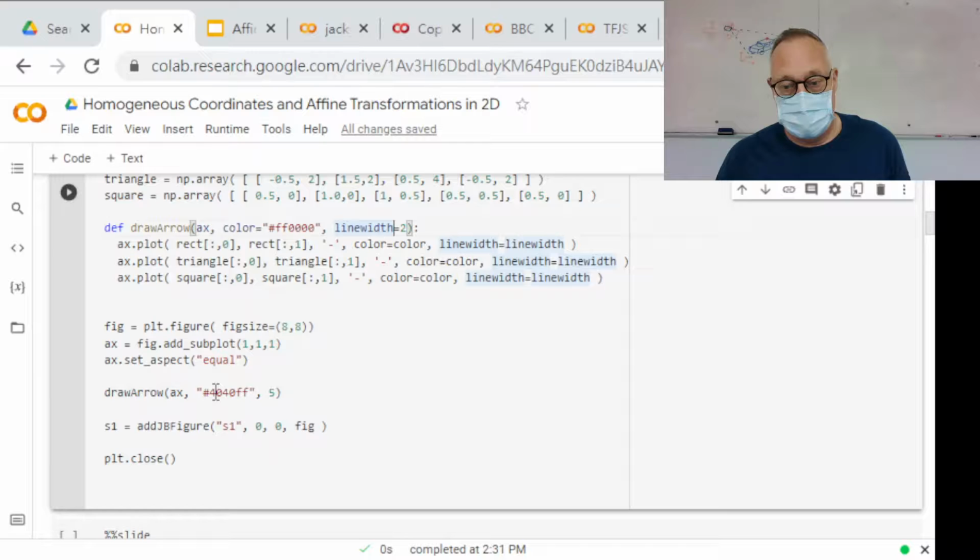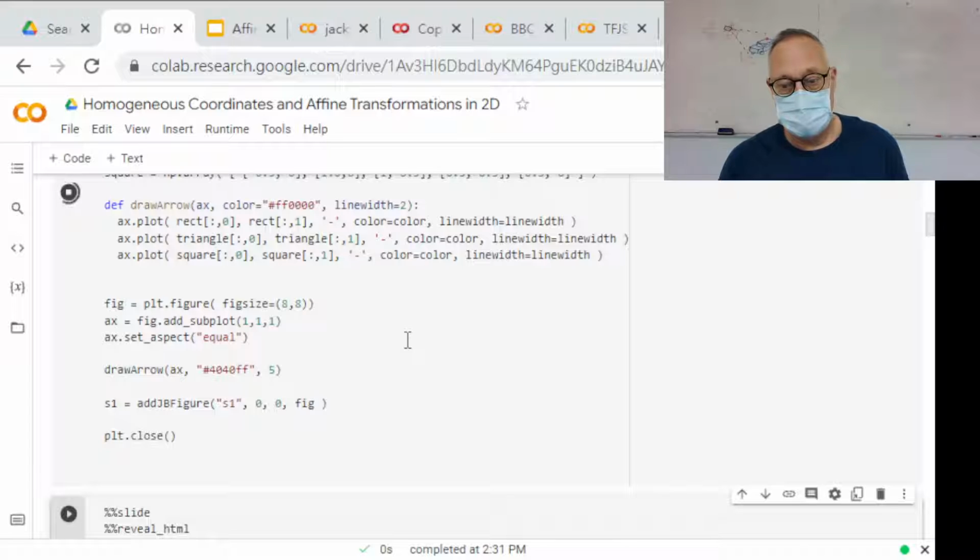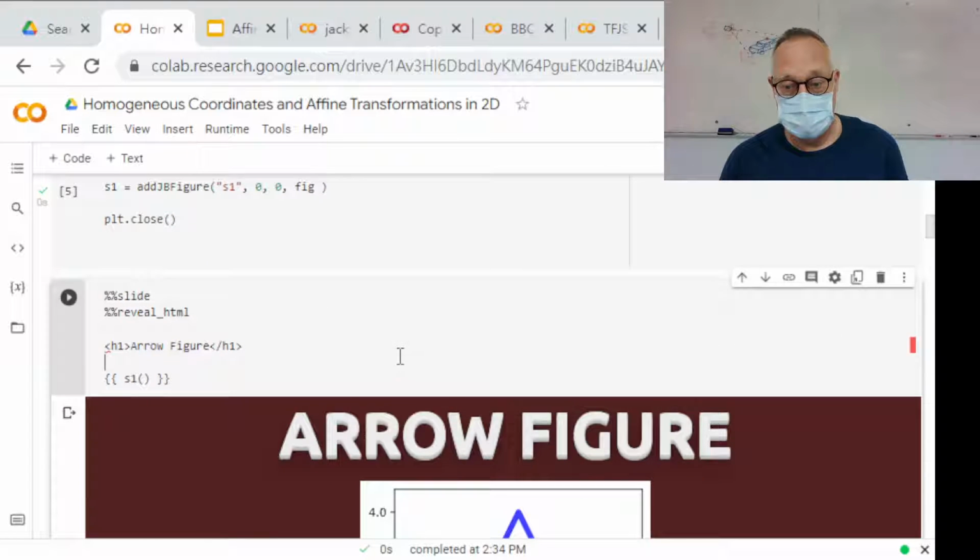And then I have a function to be able to draw the arrow, which draws the rectangle, the triangle, and the associated square. And I can choose any color I want to draw with this.